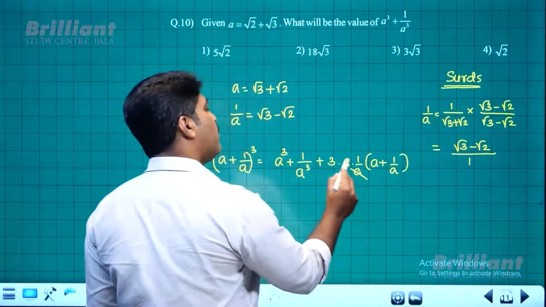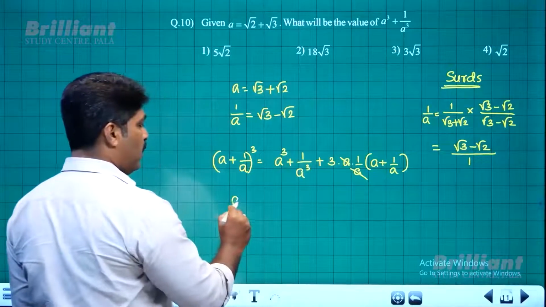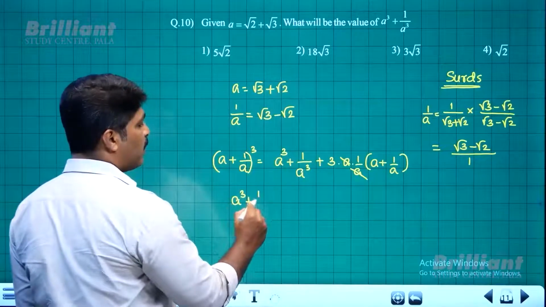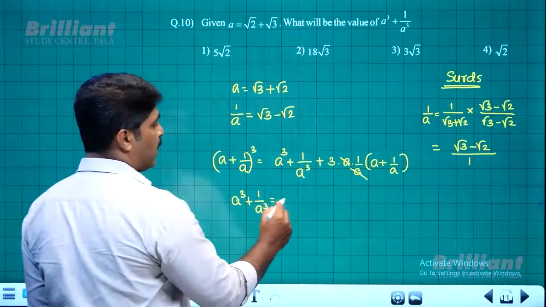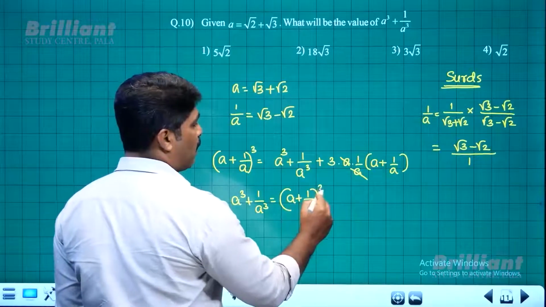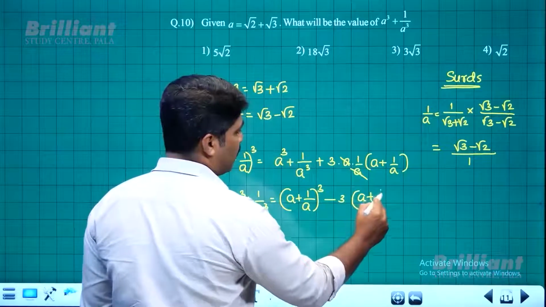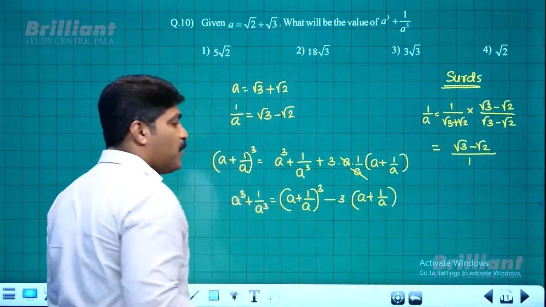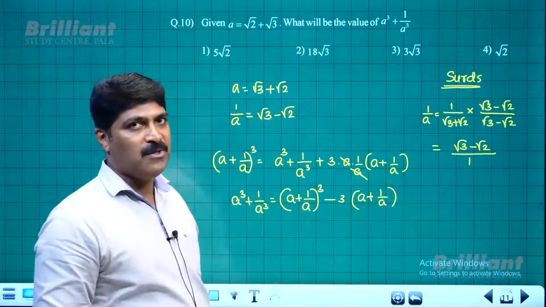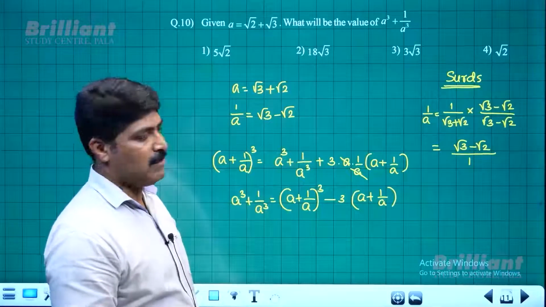Here a into 1 by a becomes simplified. So from this arrangement, what is a cube plus 1 by a cube? That is a plus 1 by a, the whole cube, minus 3 into a plus 1 by a. Once you are familiar with these types of algebraic operations, directly you can reach this expression.